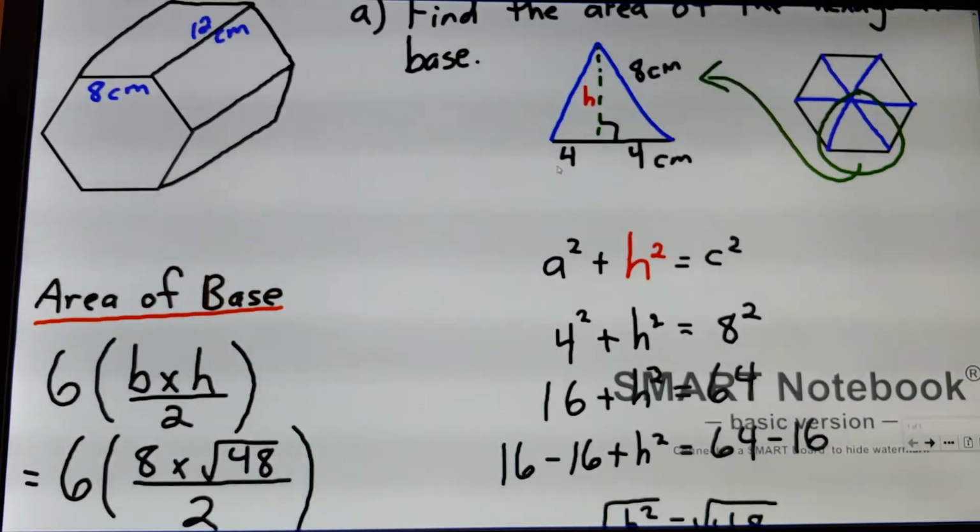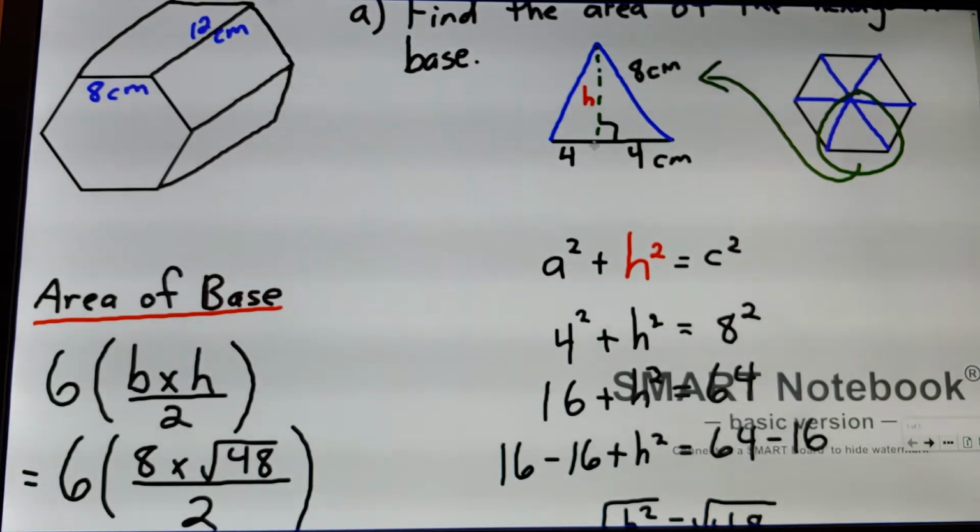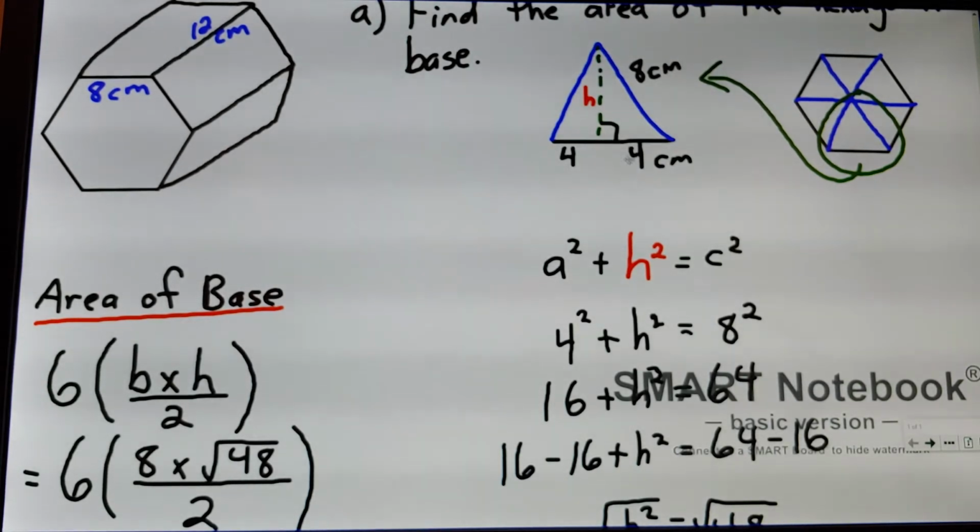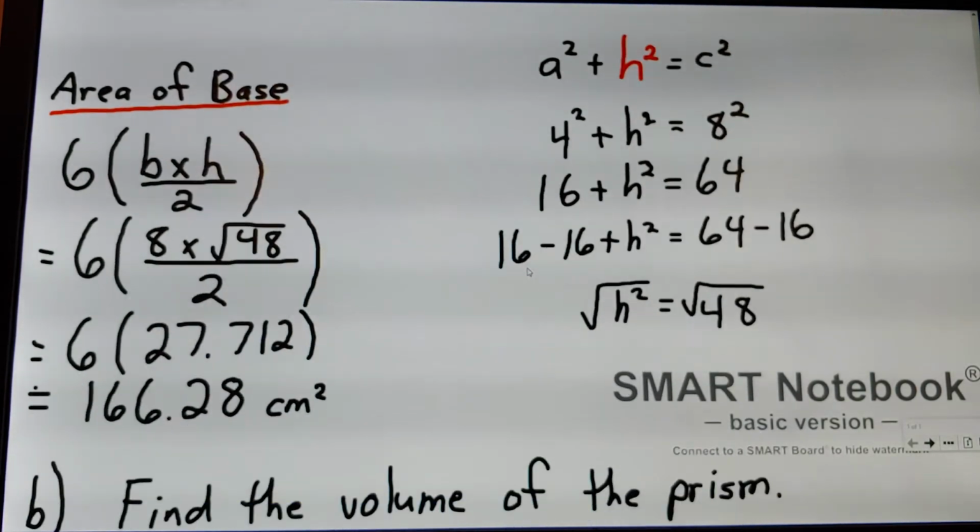So a squared was 4 because it only went halfway across this 8 centimeter stretch from our equilateral triangle. We're only interested in this part, just the 4. And then c is 8 squared, and we're trying to find that. So 4 squared is 16, 8 squared is 64, subtract 16 from both sides, and we're left with h squared equals 48.